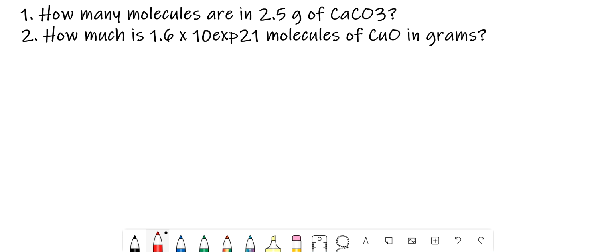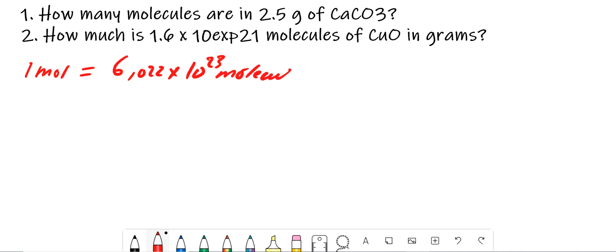Ladies and gentlemen, here there is one important thing that I would like to stress. 1 mole of any substance is equal to 6.022 times 10 to the power 23 molecules, or atoms, or ions, or particles, or electrons, depending on the kind of substance.